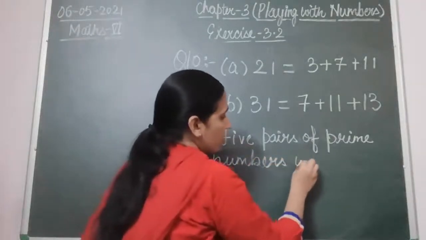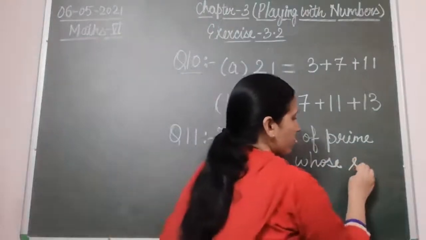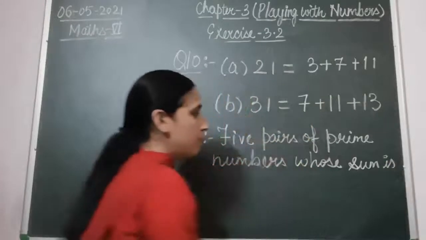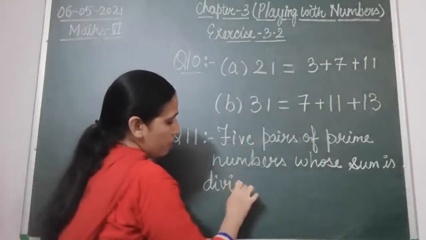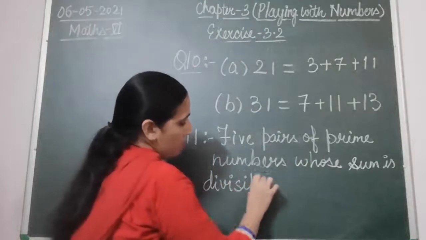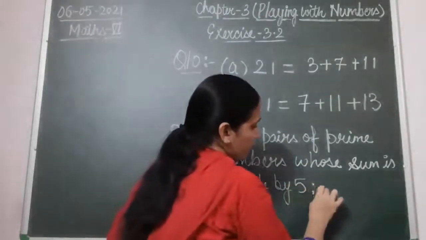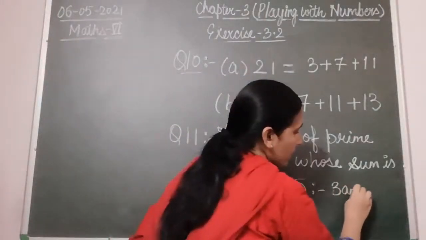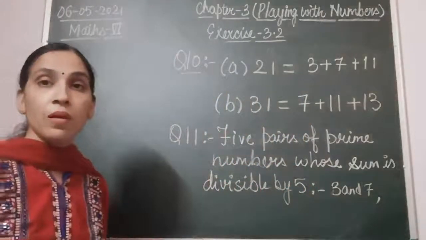That is, first is 3 and 7. 7 plus 3 is 10. 10 is divisible by 5.